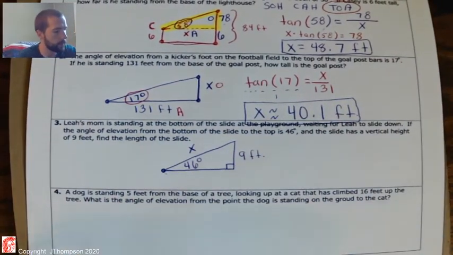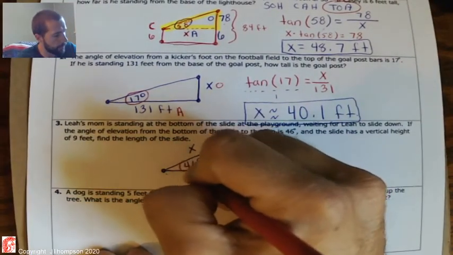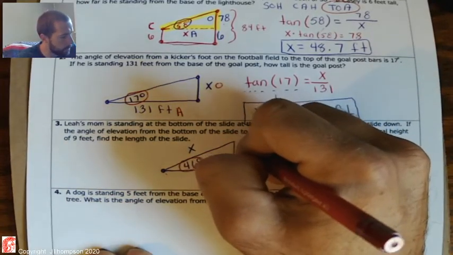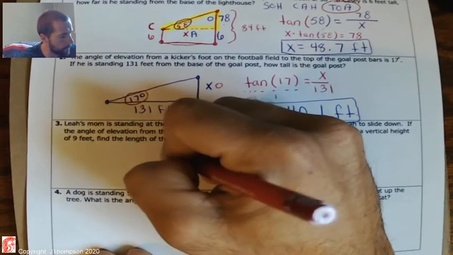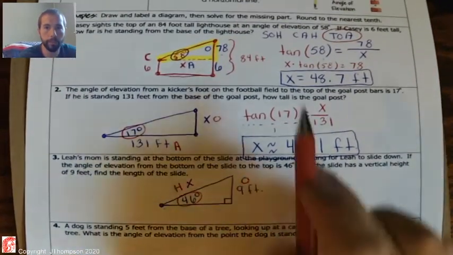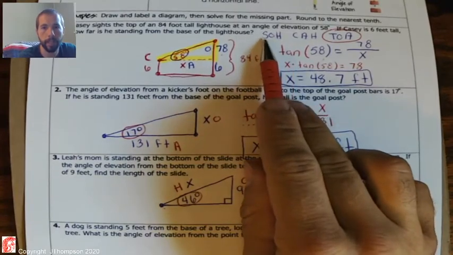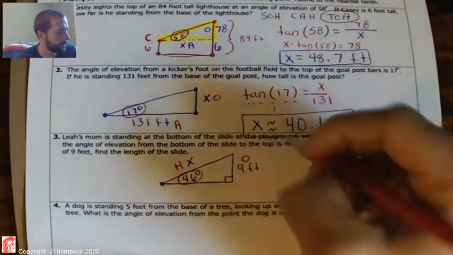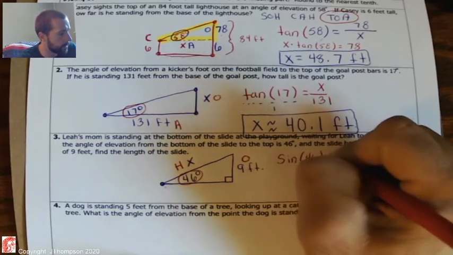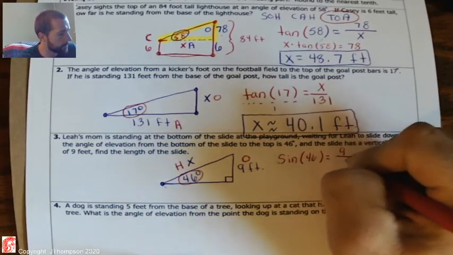All right, so to do this one, I'm going to circle the angle. The one that we have is the opposite side. The one that we want is the hypotenuse. So if we do our SOHCAHTOA, opposite and hypotenuse, that goes with the S, sine. So it's going to be the sine of 46 equals 9 over x.